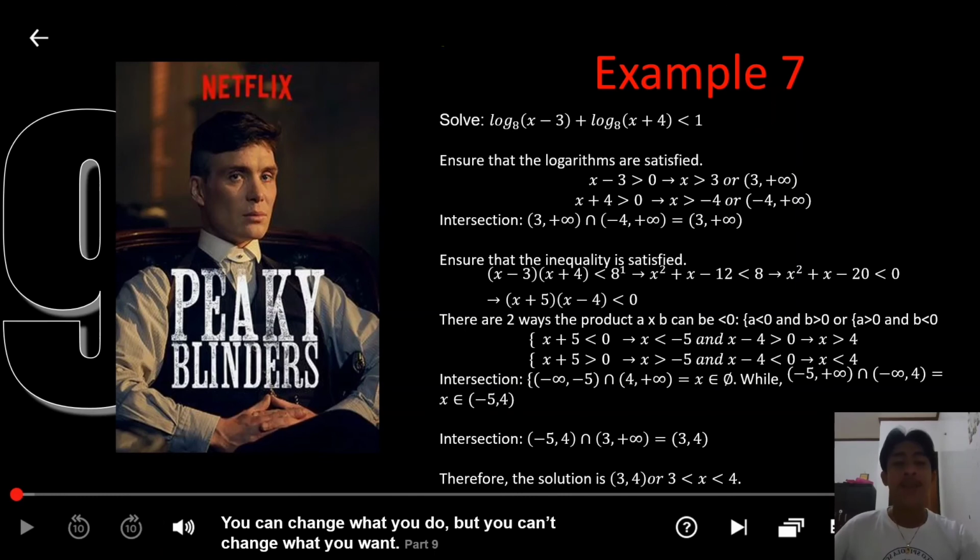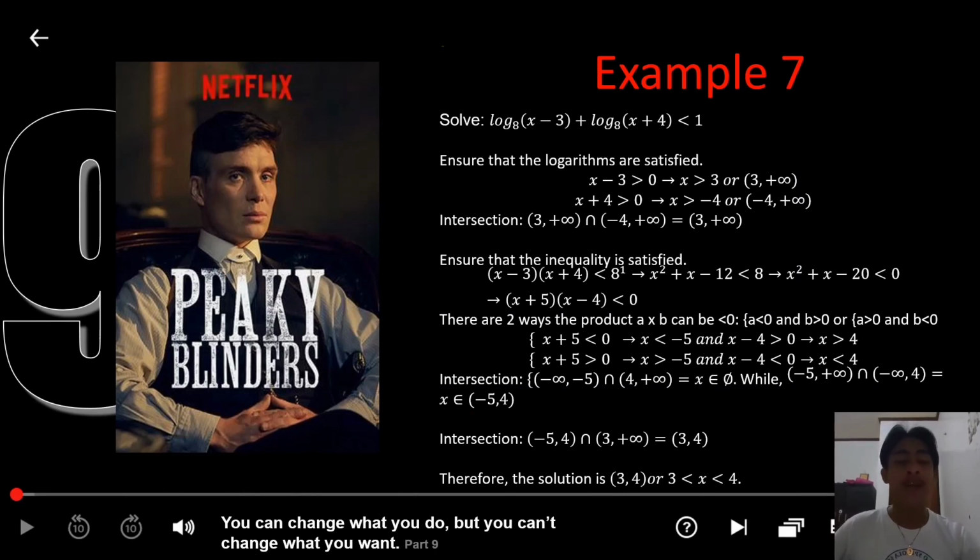Next, x plus 5 less than 0 gives x less than negative 5, and x minus 4 greater than 0 gives x greater than 4. And x plus 5 greater than 0 gives x greater than negative 5, and x minus 4 less than 0 gives x less than 4.